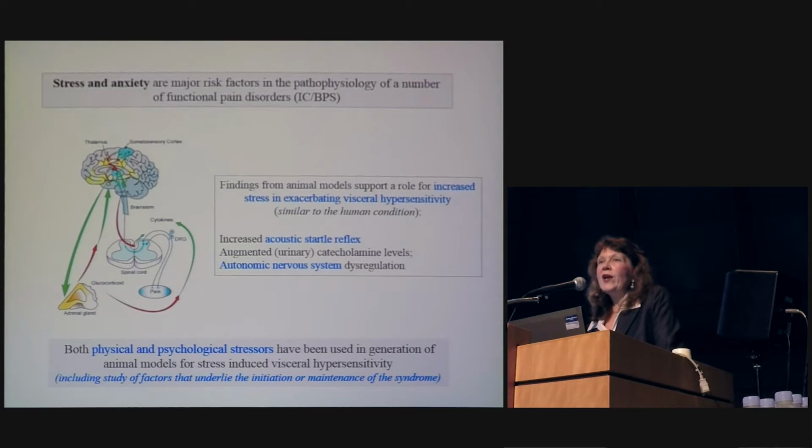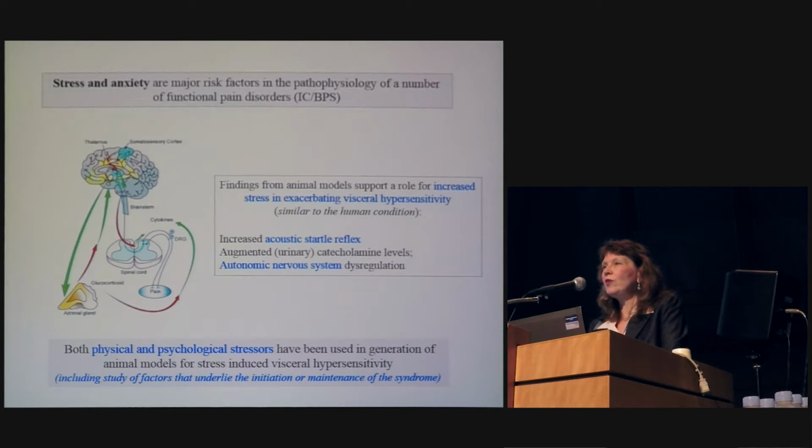We know that stress and anxiety are major risk factors in the pathophysiology of functional pain disorders, including IC. Findings from animal models do support a role for increased stress in exacerbating visceral hypersensitivity. And again, this is very similar to the human condition.